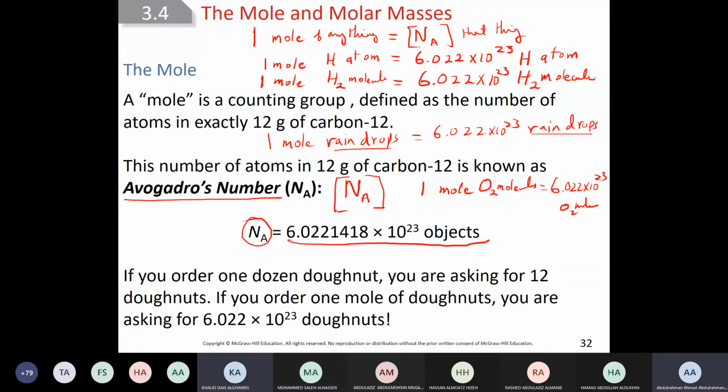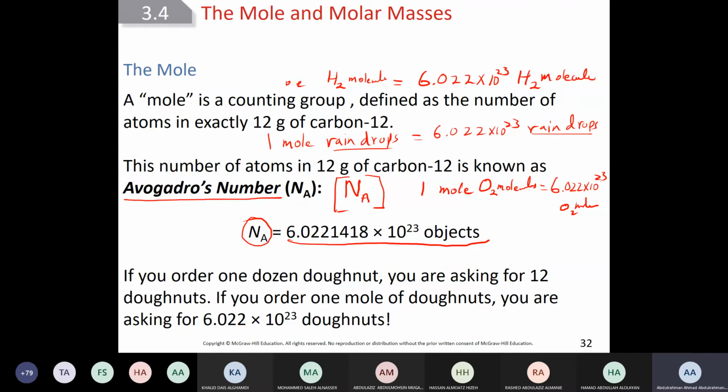Isn't it like 32 grams, 1 mole equal to 32 grams? We're not talking about mass, we're talking about Avogadro's number. Of course, it is equal to that thing. Let me take this away now. I hope this is all clear. Good.